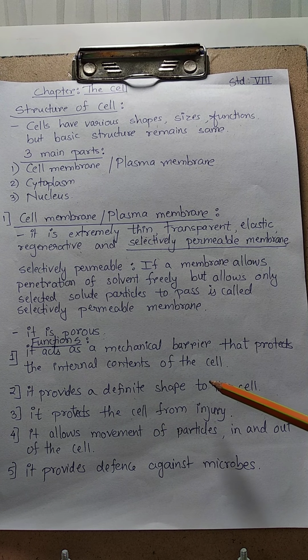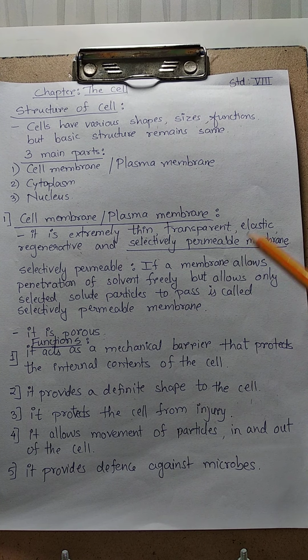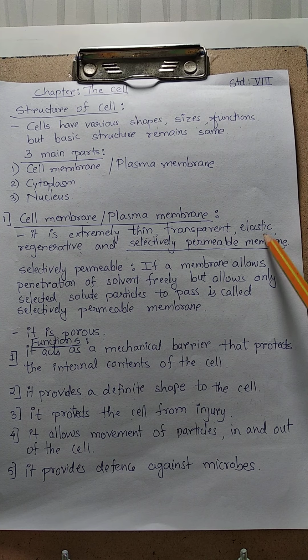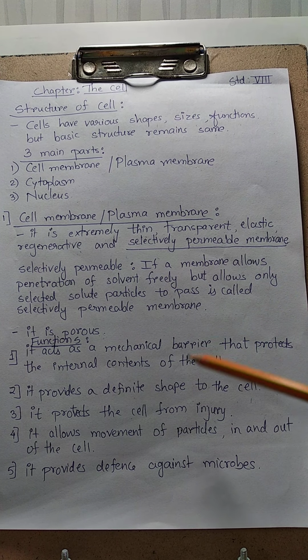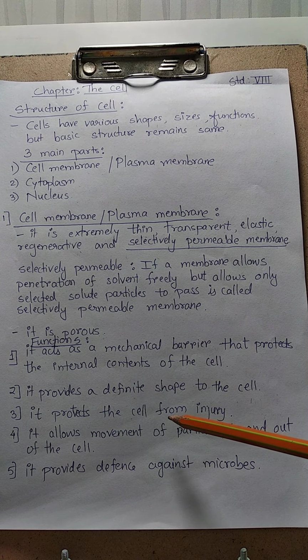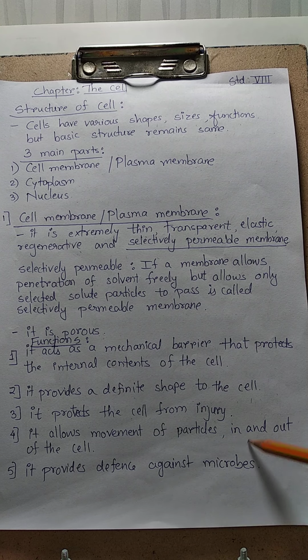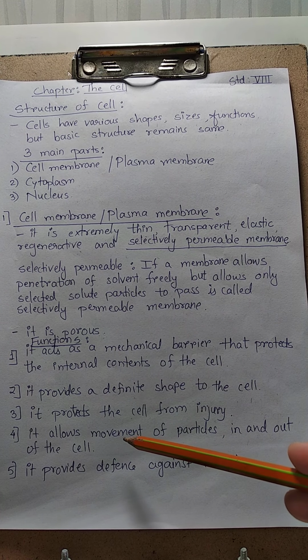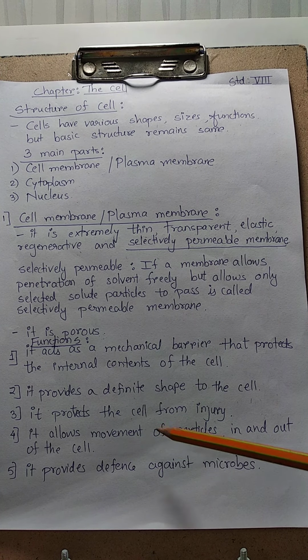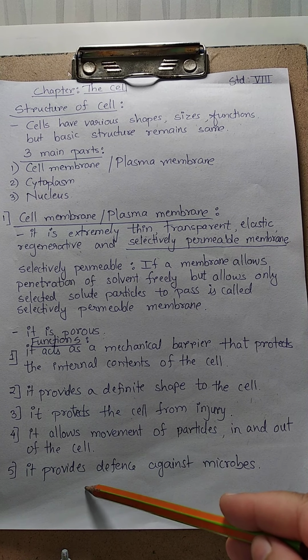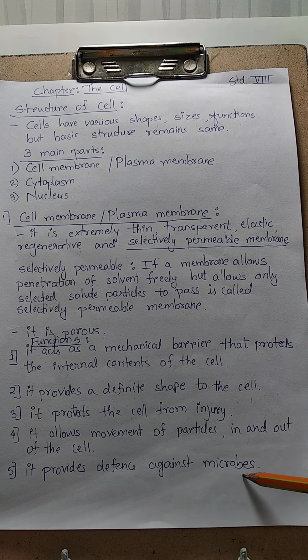Also, sometimes it happens that the membrane gets stretched, right? So as it has got proper elasticity, it will not get injured or it will not be broken down. Okay, then it allows movement of particles in and out of the cell. This we have already seen, right? That is permeability. Then it provides defense against microbes.